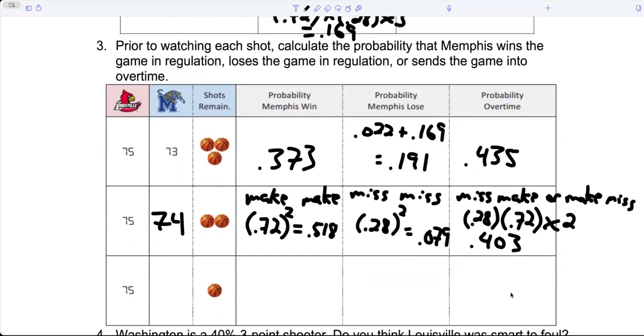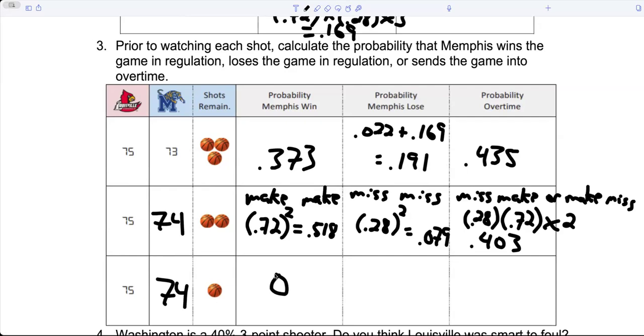Okay, and let's look at this last one here. Let's say that he's made 1, but there's only 1 shot left. So he made 1 and he missed 1. So what's the probability that they win? It's 0, because he's already missed 1.